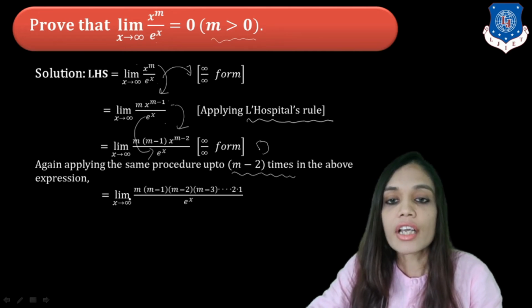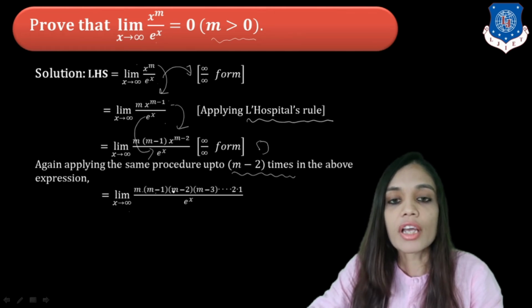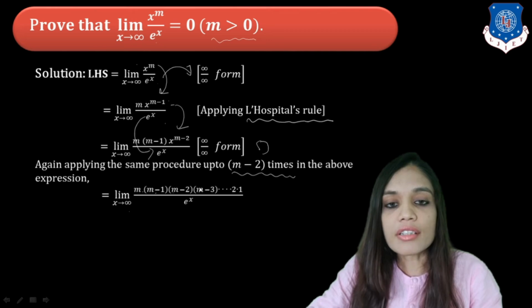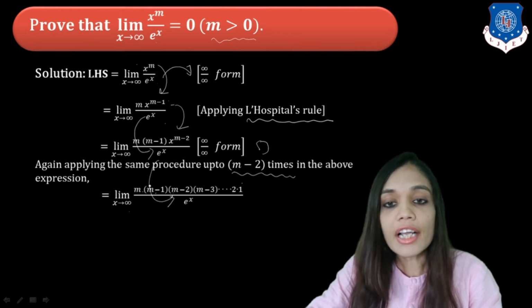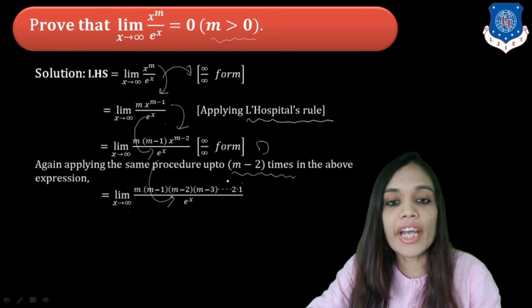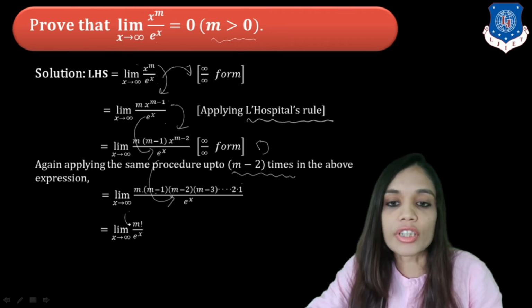So we will get limit x tends to infinity m into m minus 1, m minus 2, m minus 3. We will do derivatives until we get the answer 1 upon the derivative of e raised to x, which will be e raised to x, right? Now this can be simplified as m factorial upon e raised to x.